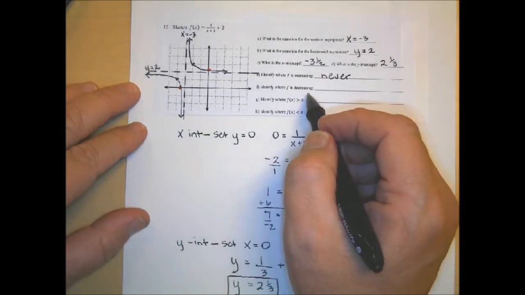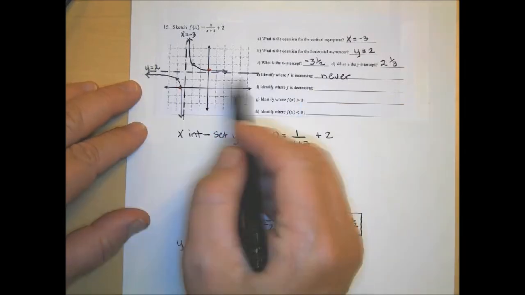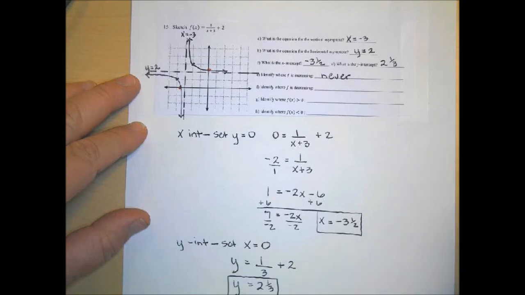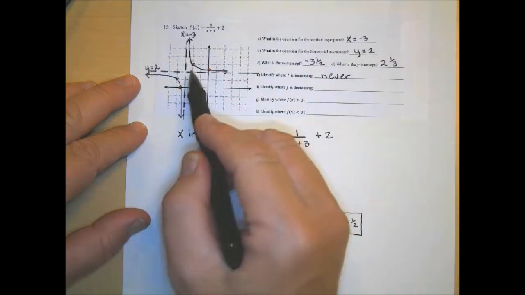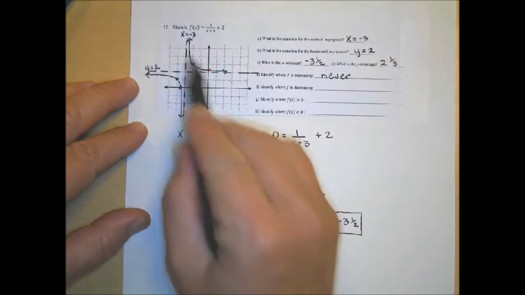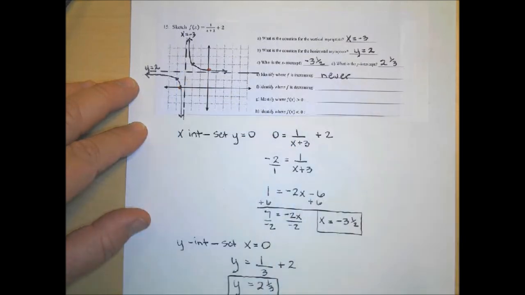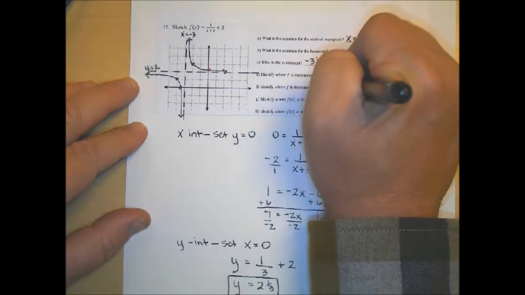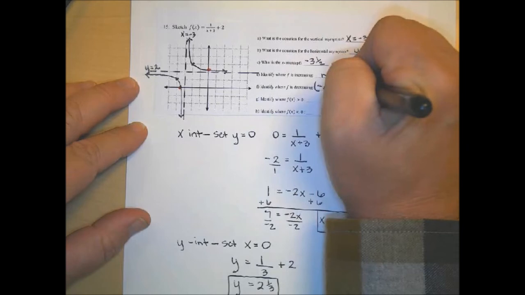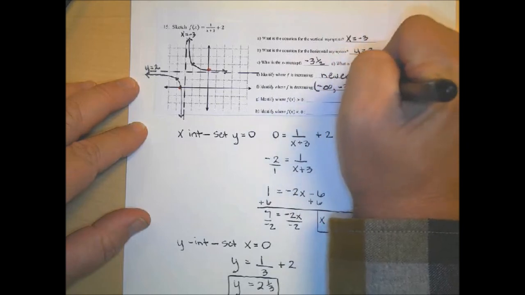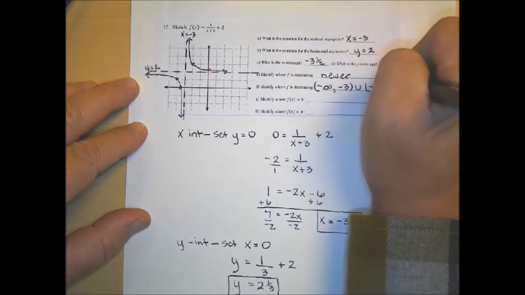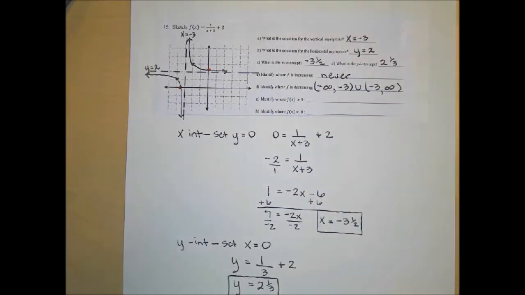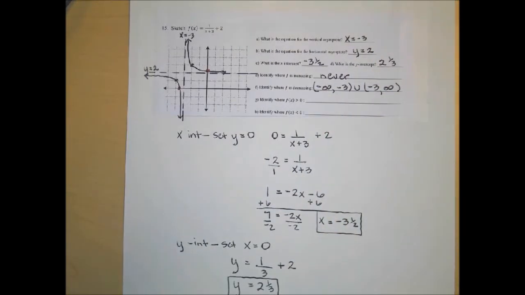So really, in one respect, you could say, well, it's negative infinity to positive infinity because it's decreasing all the time, except there's something in the way. There's that asymptote of negative 3. So you have to write it in two different sections. Negative infinity to negative 3, and from negative 3 to positive infinity. That's where it's decreasing. Okay.